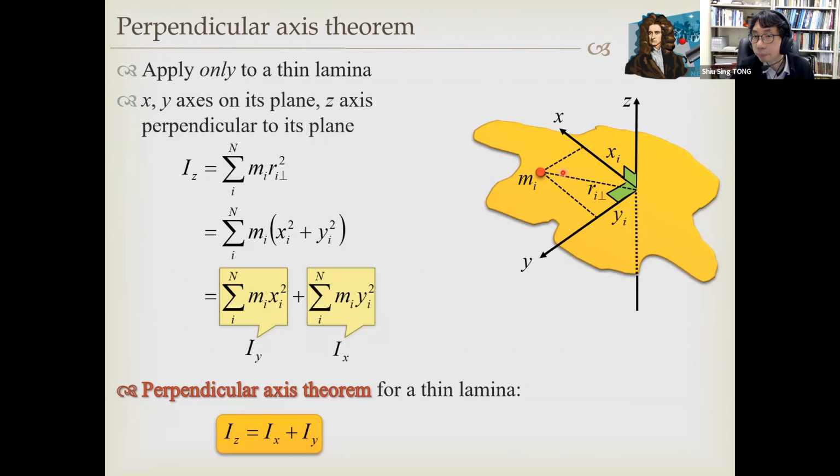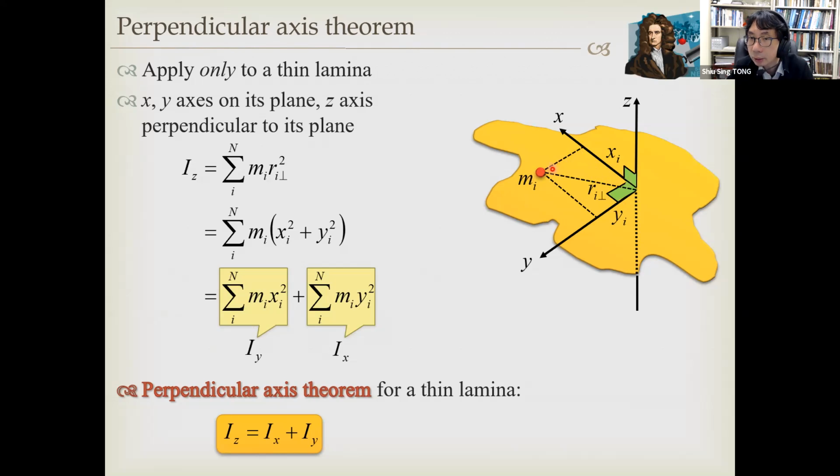Now you see, because this is a right angle triangle, ri squared can be expressed in terms of xi and yi as xi squared plus yi squared. This is a simple application of Pythagoras theorem. This distance is xi, right?